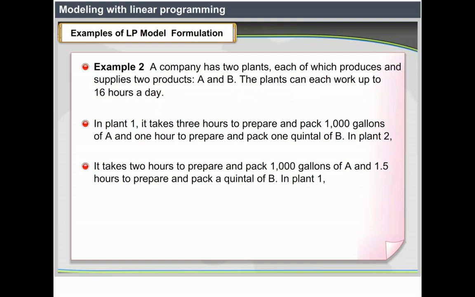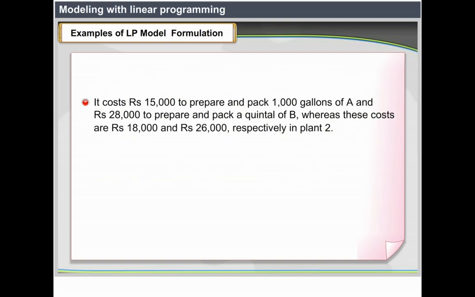In plant 1, it costs rupees 15,000 to prepare and pack 1000 gallons of A and rupees 28,000 to prepare and pack a quintal of B, whereas these costs are rupees 18,000 and rupees 26,000 respectively in plant 2.